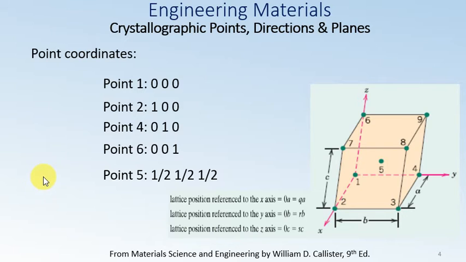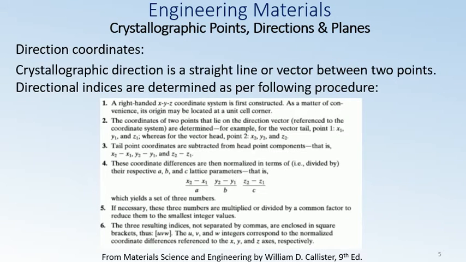Please convince yourself of these coordinates by drawing them yourself. You move along the x-axis, then along the y-axis and then along the z-axis. Okay, we move on to the next.